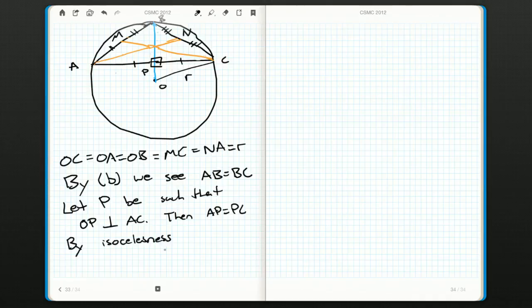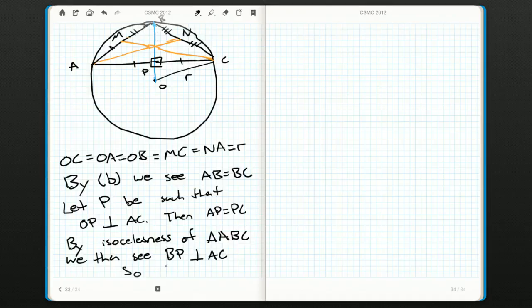So by isosceles-ness of the triangle, which frankly is not a word, PB, that point that splits down here, is going to have to be an altitude.